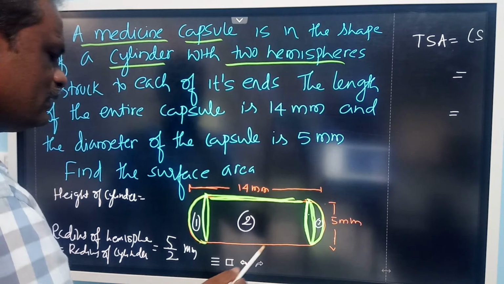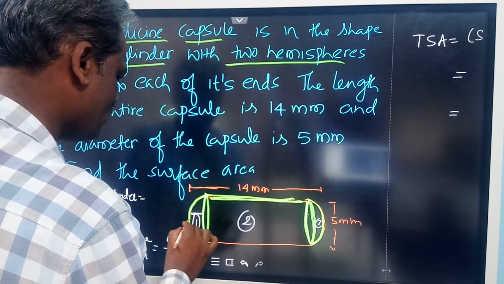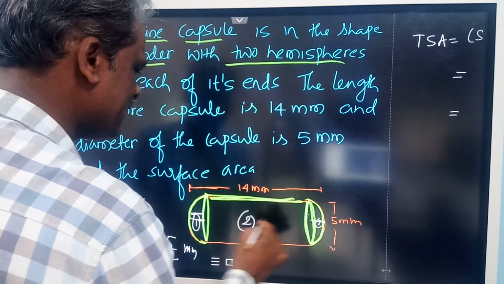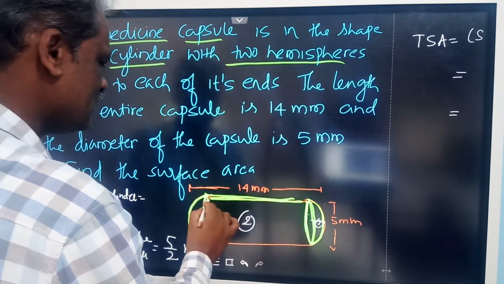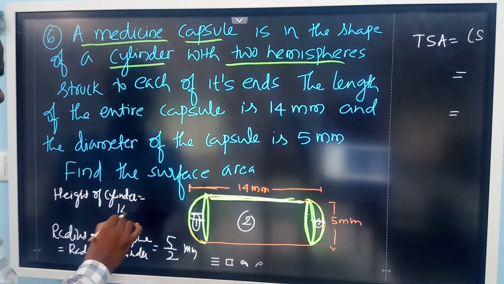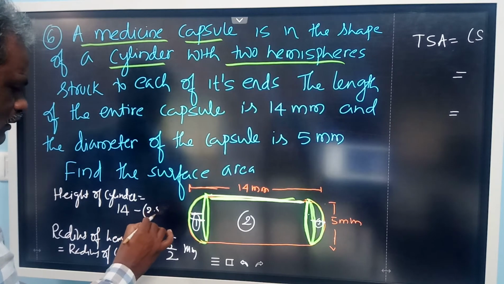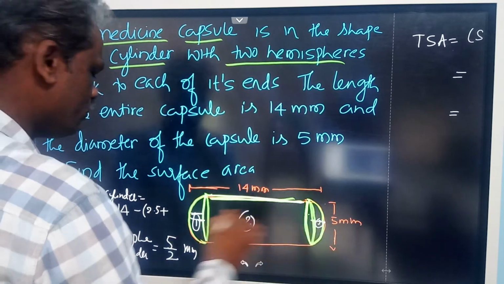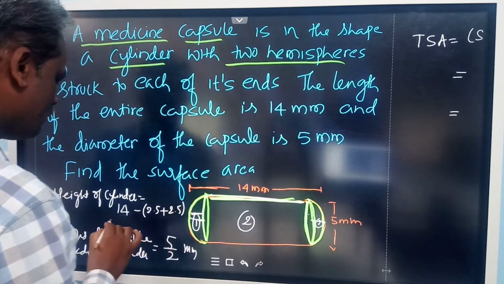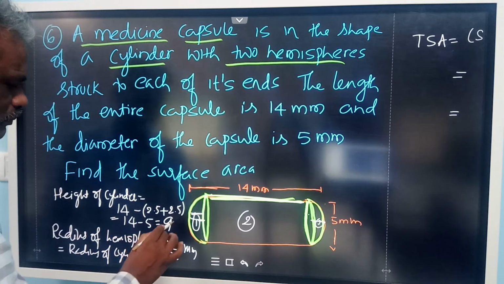For the height, on this side remove one radius and on this side also remove one radius, then you will get the length of the cylinder. So that is 14 minus 2.5 on this side and 2.5 on that side. 14 minus 5 is 9 millimeter.